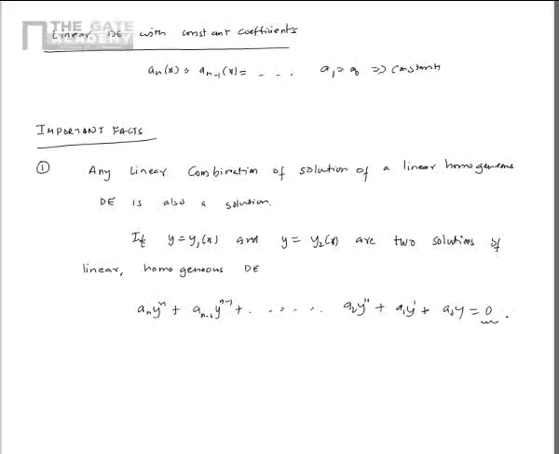Okay, so you have a linear homogeneous equation, and suppose you know that y1(x) and y2(x) are two solutions of this.